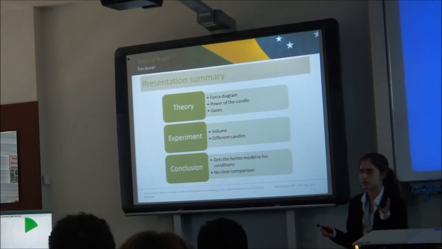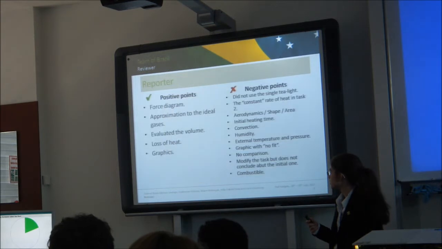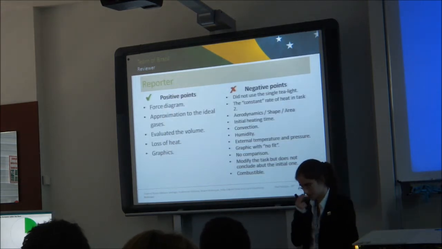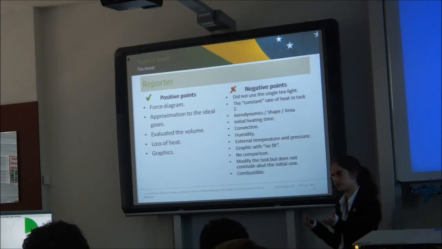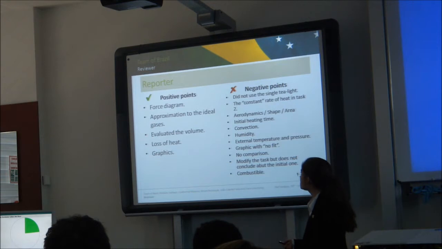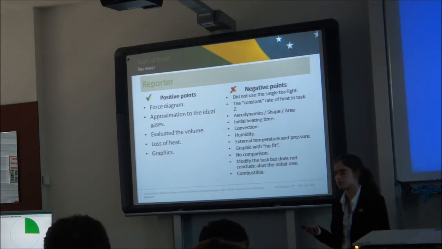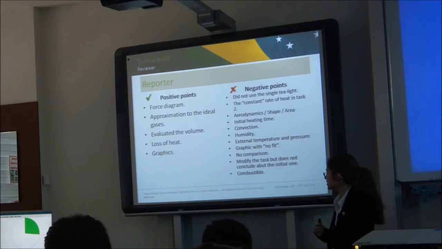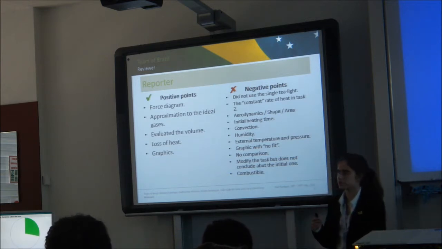And there is no clear comparison between their theoretical model and their experiments. The positive points: they draw a force diagram, although they didn't consider whether the drag force, the aerodynamics, and also the shape are important. There's approximation to the ideal cases, which is a good approximation for the case of the lantern. They evaluated the model and the loss of heat, and they plot some graphics.